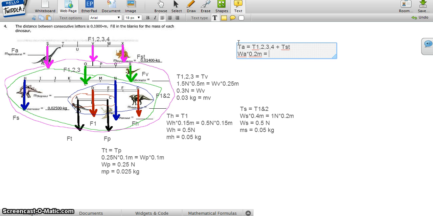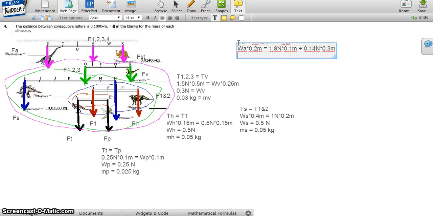So that's the weight of all those levels, which I believe is 1.8 newtons, times the distance away, which is 0.1 meters, plus the weight of the Tyrannosaur, which is 0.14 newtons, times the distance away, 30 centimeters, or 0.3 meters.